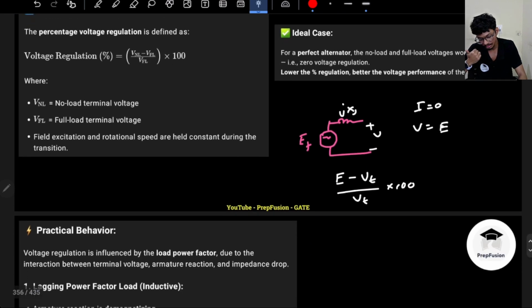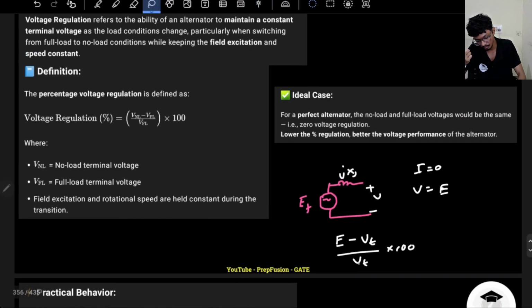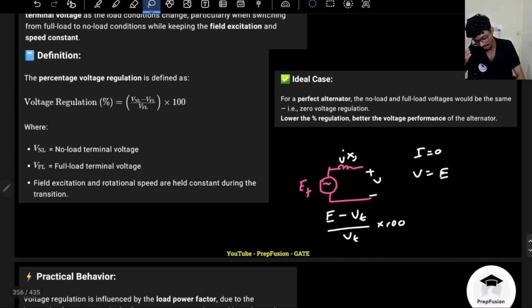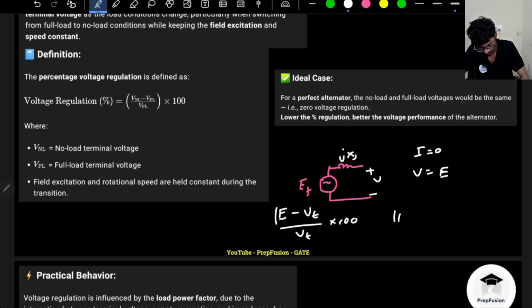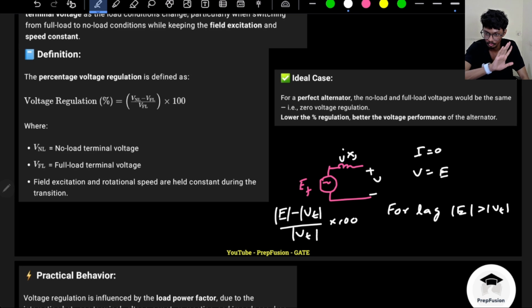One more thing I know is about lagging load. Of course they will have phase quantities, but I am talking about magnitude. For lagging load, the magnitude of E has to always be greater than the magnitude of Vt, this has already been proved.